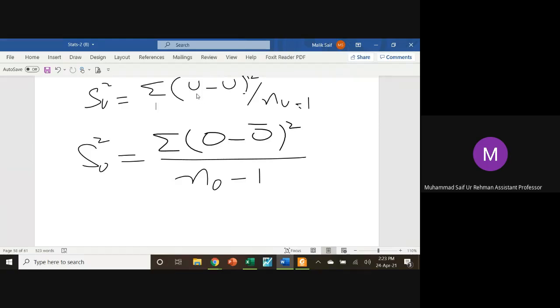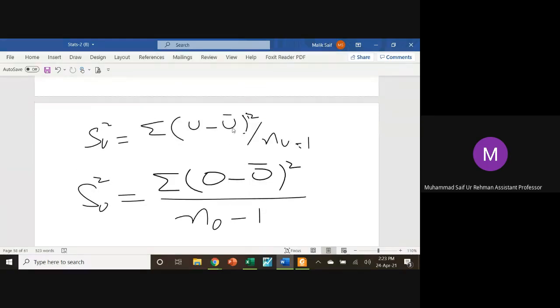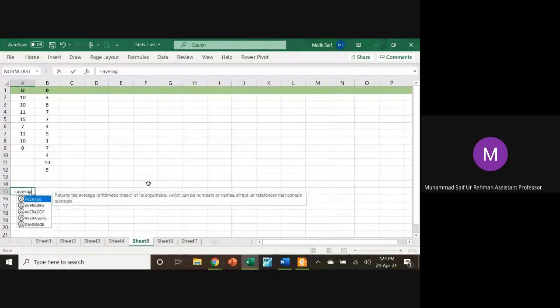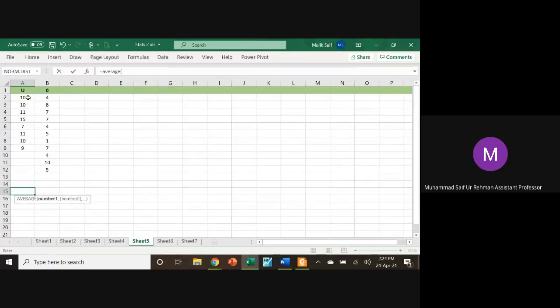So we have a series, and in the series, if we have U bar, then we may subtract, take the square of that, and then take the sum of that series. So then we will be able to find SU square. So let us find. First of all, we are interested in having the U bar. So how will you find out U bar? You may take it as the average of the series. Let's enter. This is the answer. For O, again write down average.